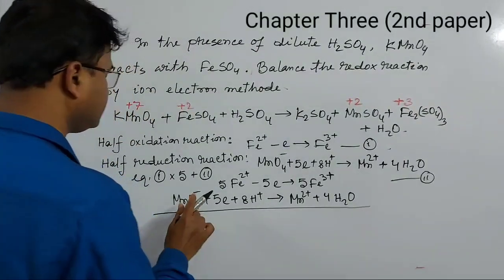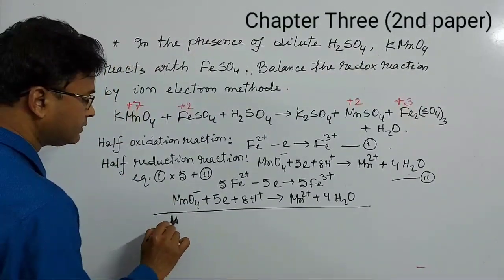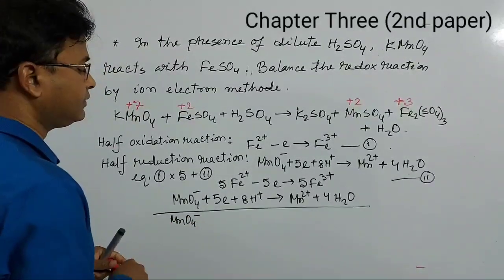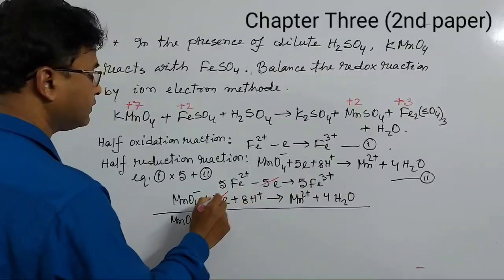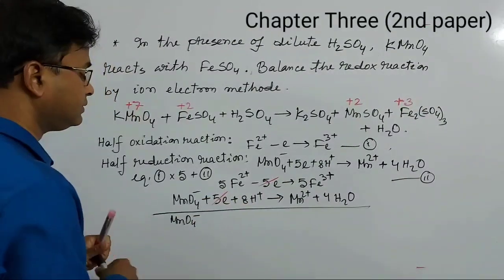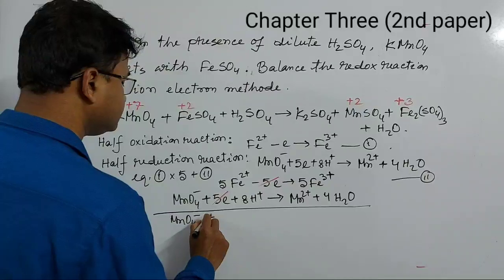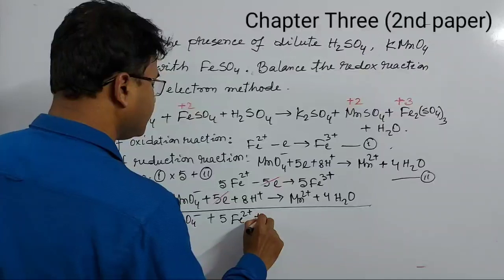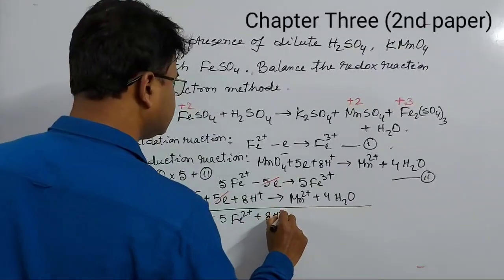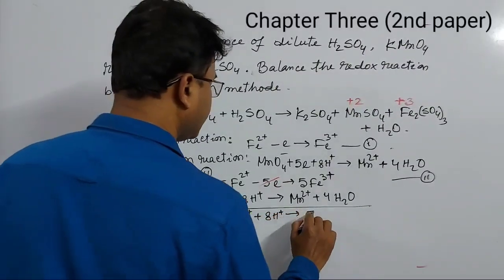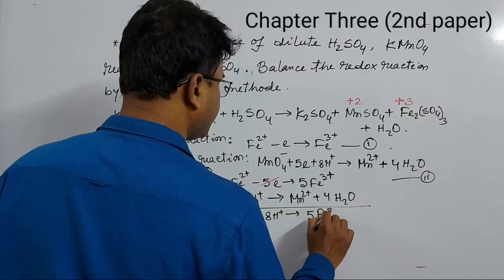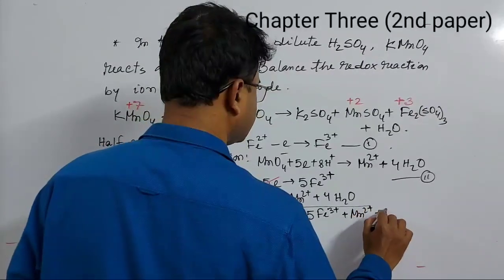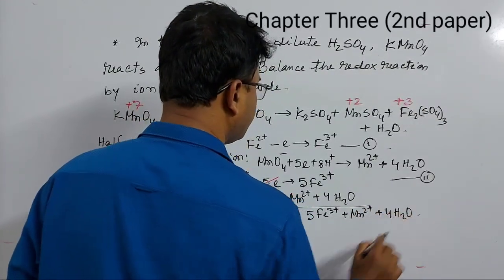So it will be permanganate ion, and the electrons are crossed out from both equations, and it is 5 ferrous ion plus 8H plus ion is equal to 5 ferric ion plus Mn2 plus ion plus 4 molecules of water.